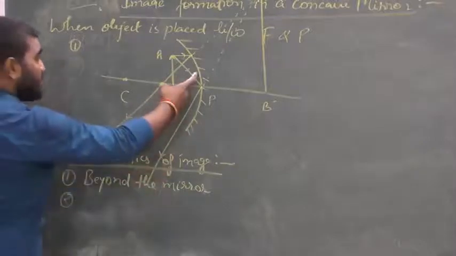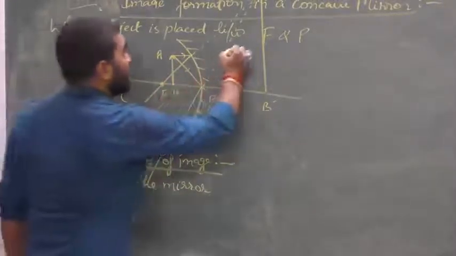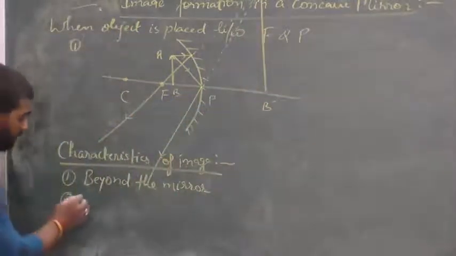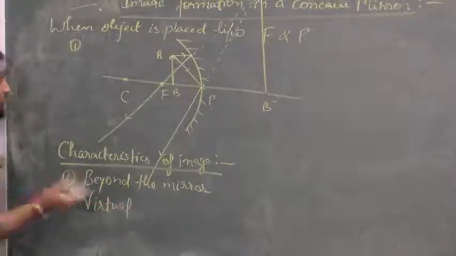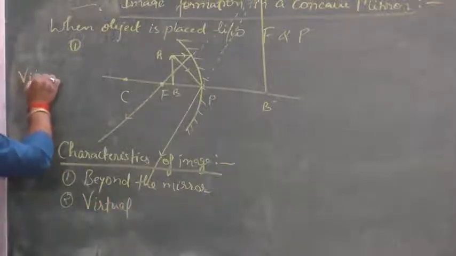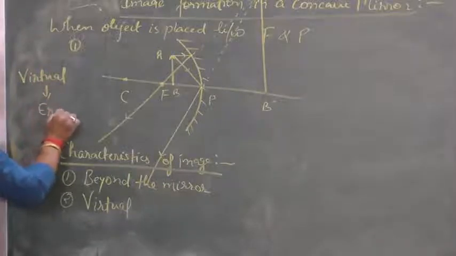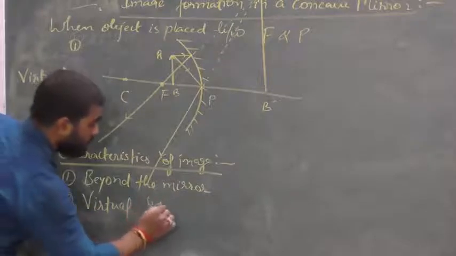So here a real image is not forming. Then which type of image is forming here? That is a virtual image, because here the virtual lines are used. And as you know, a virtual image will always be erect. So a virtual and erect image is forming.